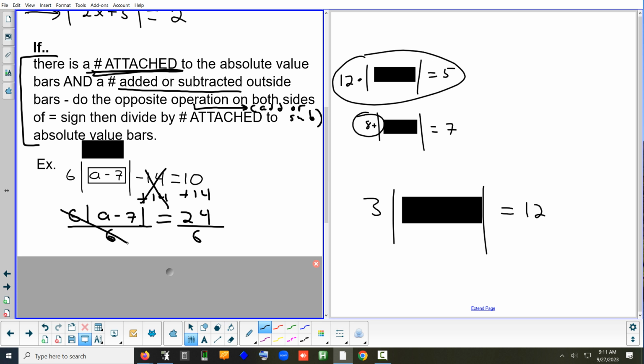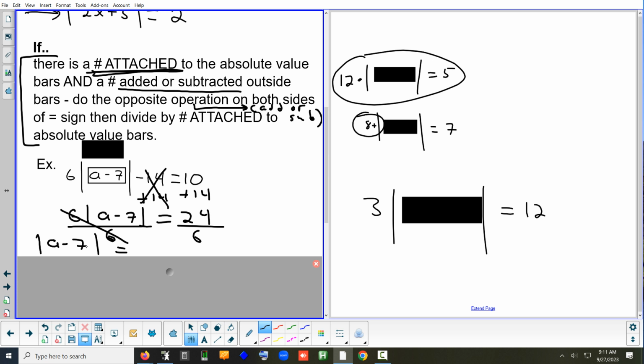And what's on the left-hand side now? The absolute value of A minus 7. And that was the whole goal. We had to get that absolute value by itself.